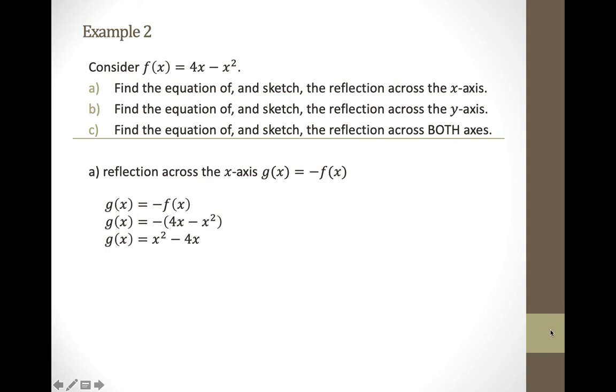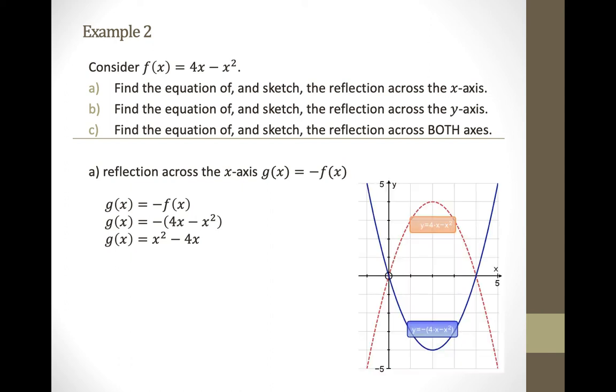Then we have to graph it. So it should be obvious. It's just a parabola. It has two x-intercepts at 0 and 4, and it's concave up. You could factorize that to check. So here's our solution, our negative of f of x, and here's our original function.